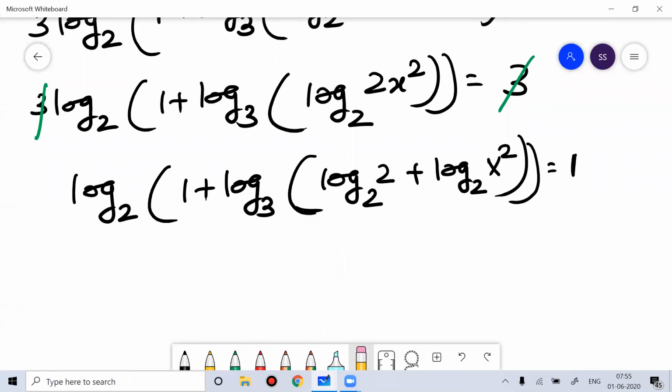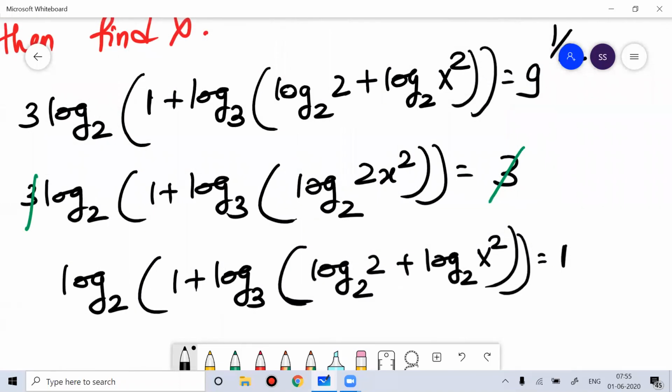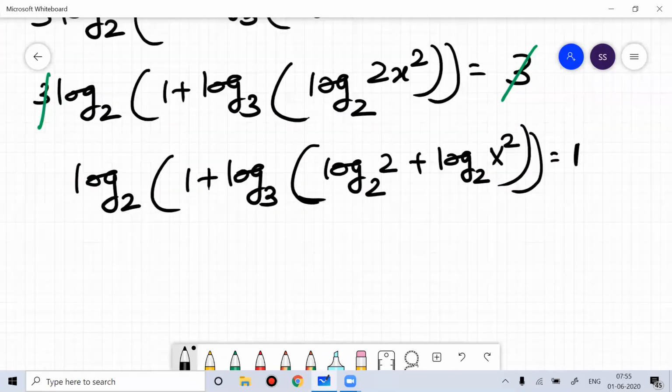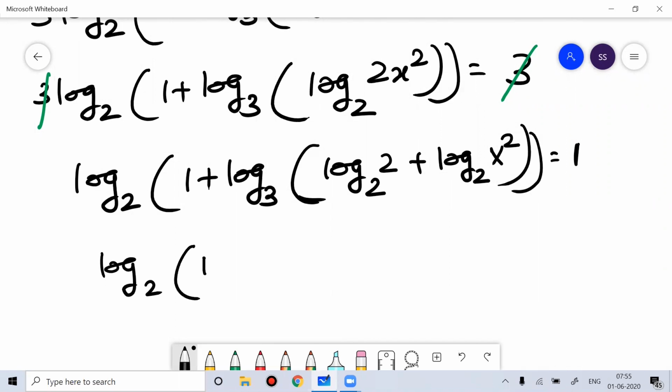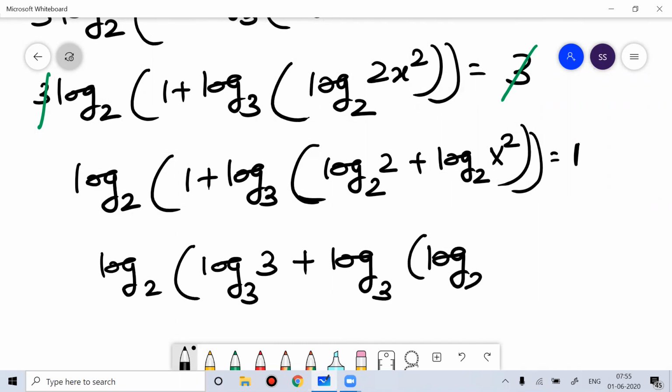Just ignore the steps. Log base 2, this I can write as log base 3 plus log base 3, this is log of base 2, then 2x square.